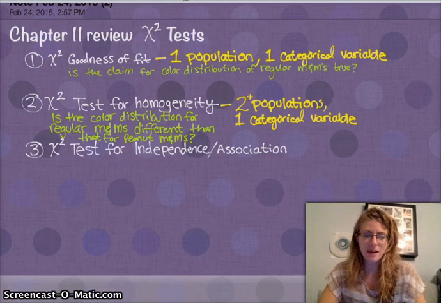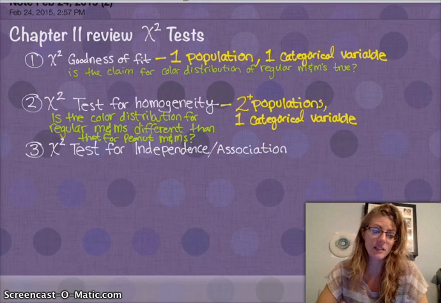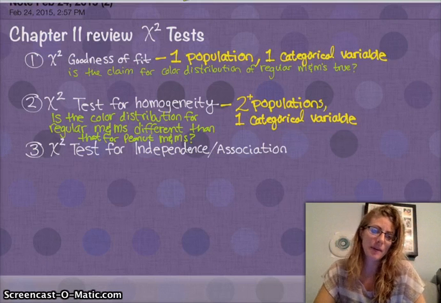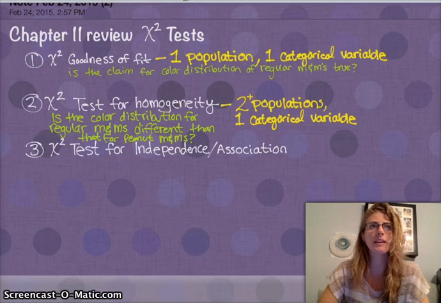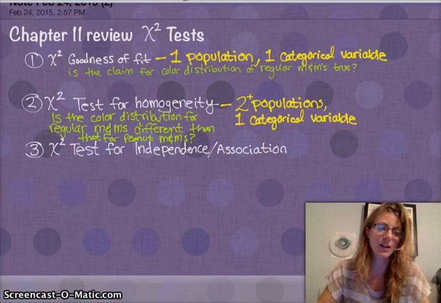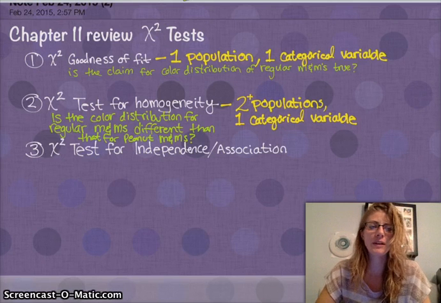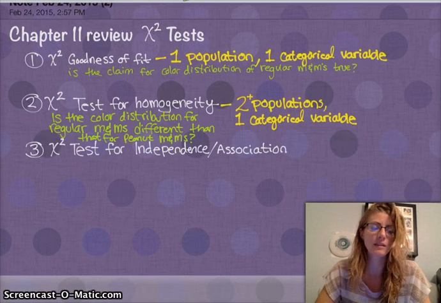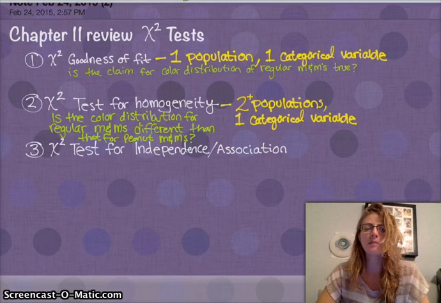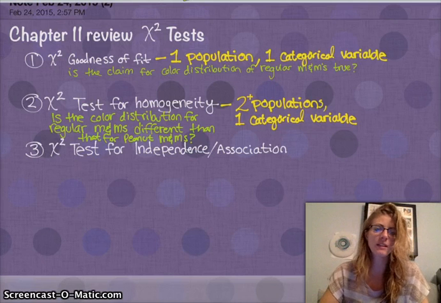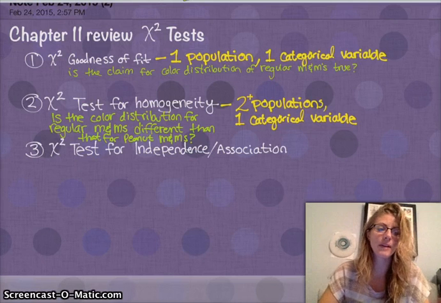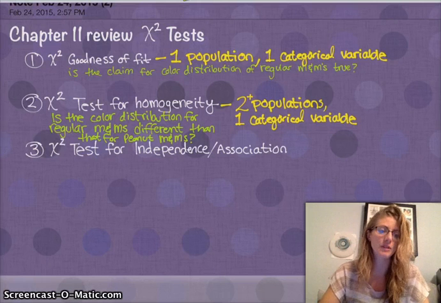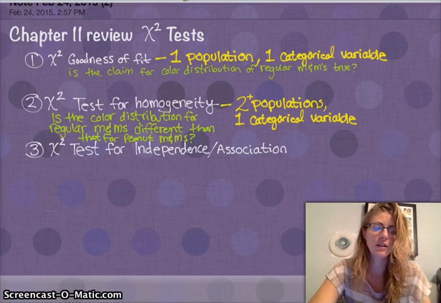So in the M&M case, the question is, does the type of M&M independent of the color distribution? So it would be essentially mathematically the same test as number 2 in this case, but it's just asking a different question. Basically, is there an actual relationship between these 2 variables?